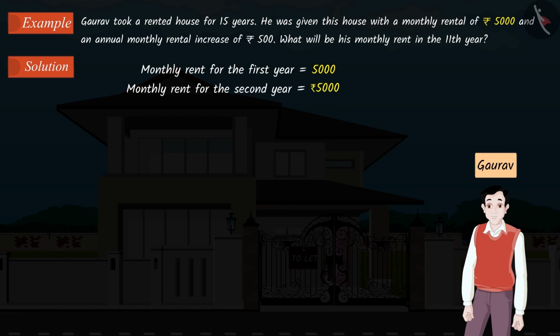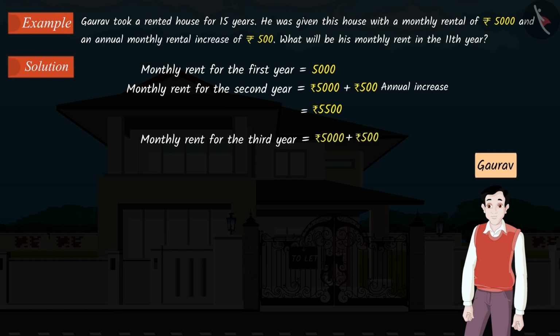Well done! It is very easy. We just have to add the annual increase to the monthly rent for the first year. Hence, the monthly rent for the second year will be Rs 5,500. Similarly, we can find the monthly rent for the third year by adding Rs 500 to the rent of the previous year.